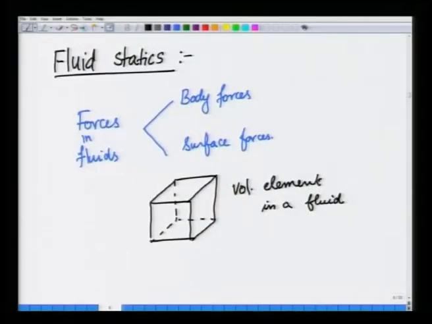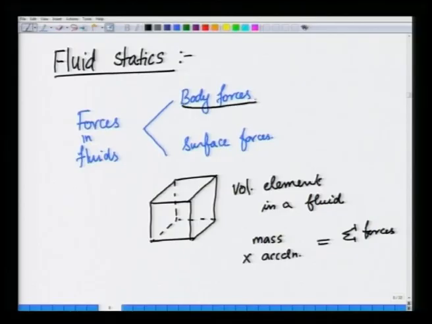Well, it will move because if you apply Newton's laws of motion, mass times acceleration of this volume element is equal to the sum of all the forces in the volume element. If there is an imbalance of all the kinds of forces that are present in the volume element, then the fluid element will accelerate. So, it is important to know what are the forces that are acting.